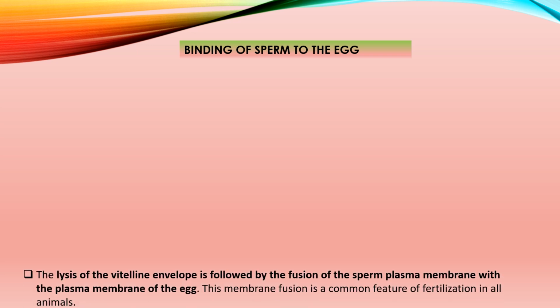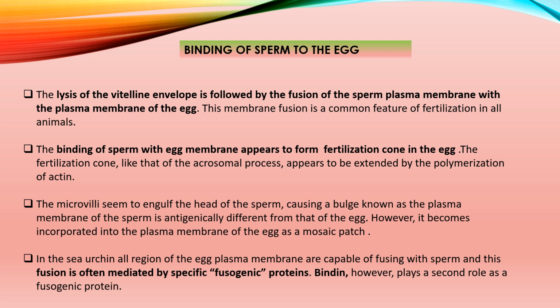The next step is the binding of sperm to the egg. The lysis of the vitelline envelope is followed by the fusion of the sperm plasma membrane with the plasma membrane of the egg. The binding of sperm with the egg plasma membrane forms the fertilization cone in the egg.